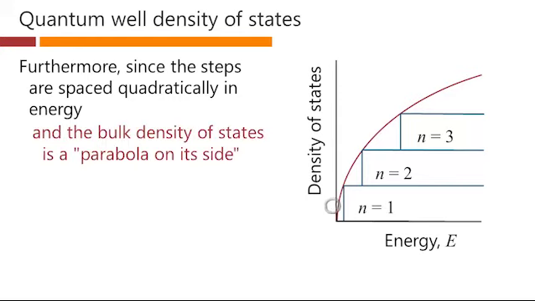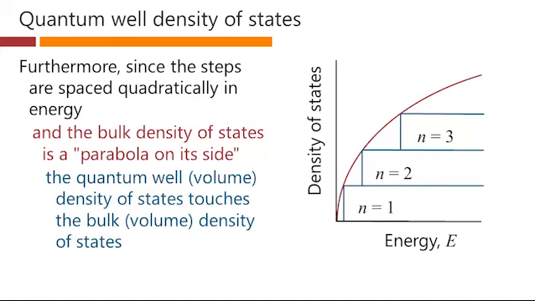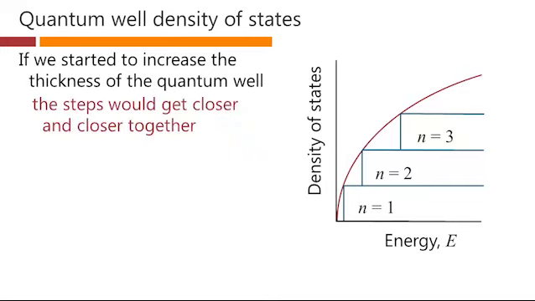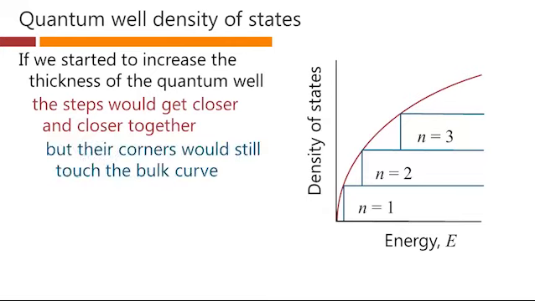The bulk density of states would just be a parabola on its side, and the quantum well volume density of states touches that parabola. We can now see that if we started to increase the thickness of the quantum well, the steps would get closer together because the confinement energy would be becoming smaller.